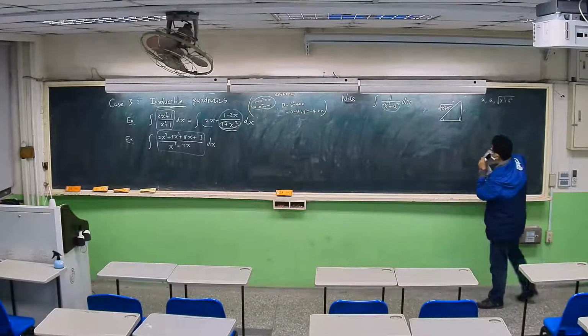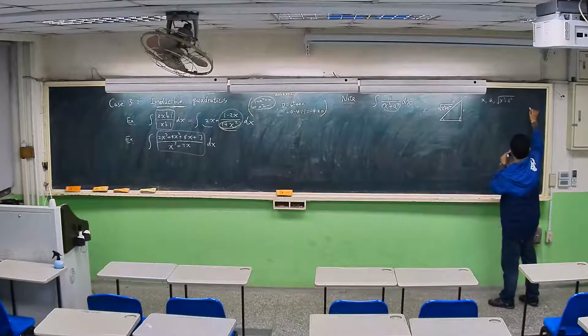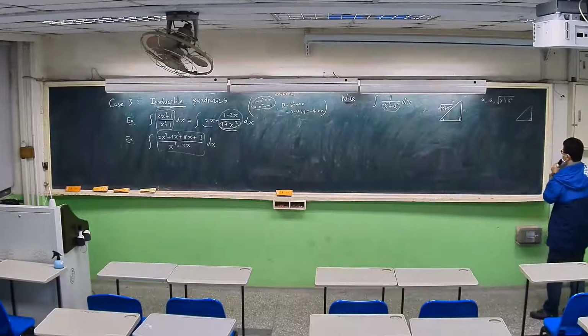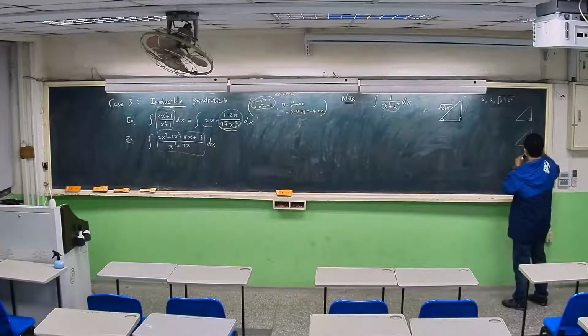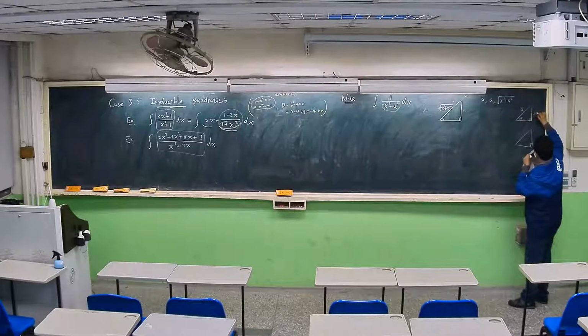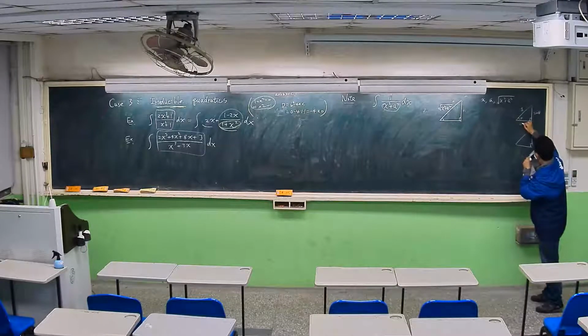But as we say, in section 6.2, for the trigonometric substitution, we use these 2 right triangles. Here is theta. If we let the hypotenuse be 1, the opposite side is sine and the adjacent is cosine.